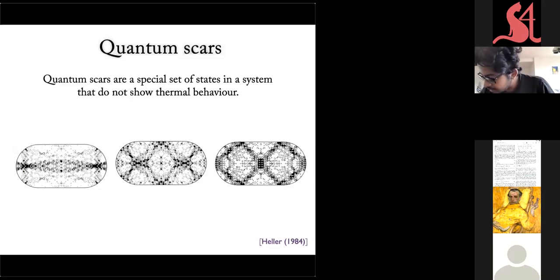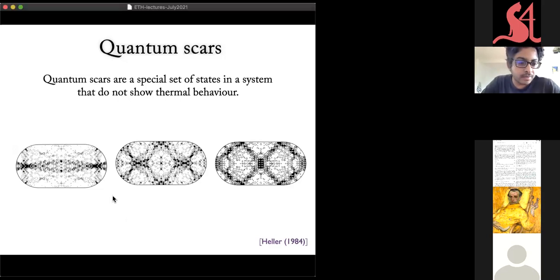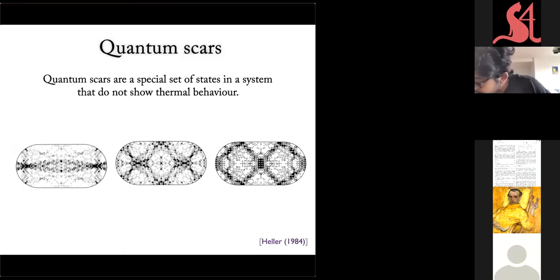For instance, in this example over here, you see that the wave function is sort of peaked in these darker regions. And the classical analog of this is that if you launch your billiard like this, it bounces off this wall, and then it goes here, and then it goes here, and then it bounces back over here, and then it goes here, and here, and here, and so on.